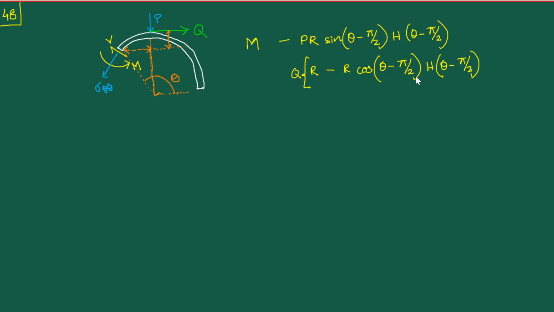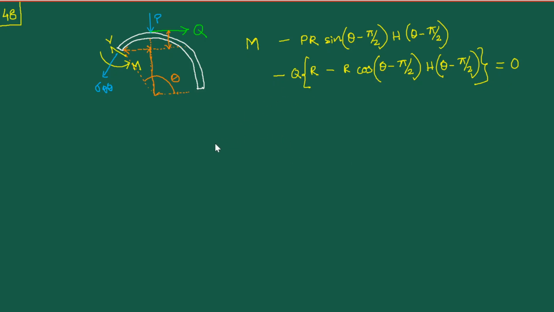So this entire thing. Again the sense of the moment due to this Q is in the clockwise direction about this axis passing through this end, so it should again come with this minus. This entire thing is equal to 0.